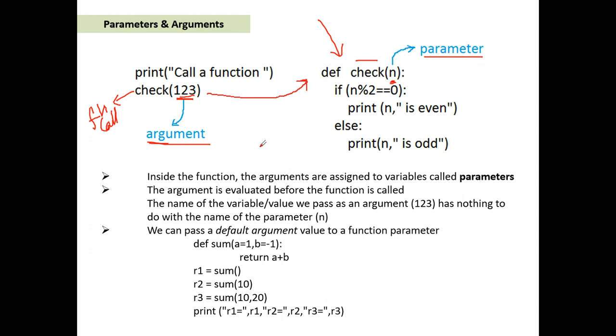So arguments and parameters are basically the same. When the value is passed into the function, that value is called the argument. Now when that value is caught inside the function by the parameters, you understand what is called parameter and argument, I hope.